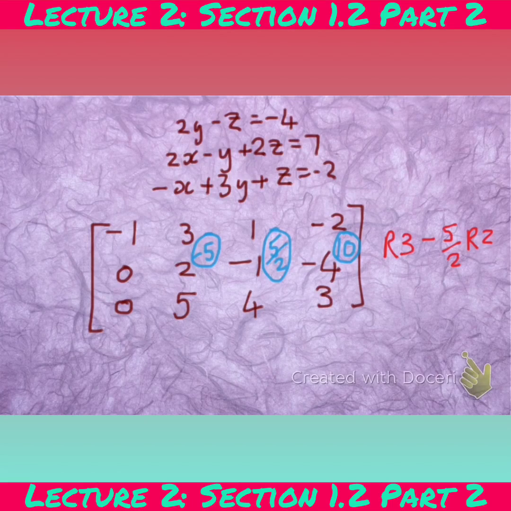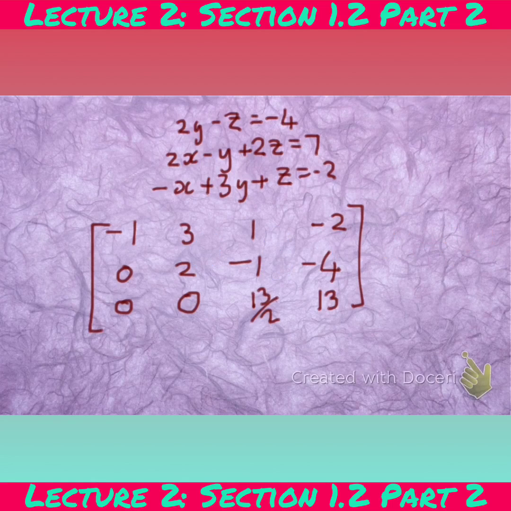So the first non-zero entry in the third row becomes minus 5 plus 5, which is 0. So we can replace that with 0. Then the next entry becomes 5 over 2 plus 4, okay, which is 13 over 2. And then the last entry becomes 13. Okay, so next up we're going to go to the last row and create a leading 1.